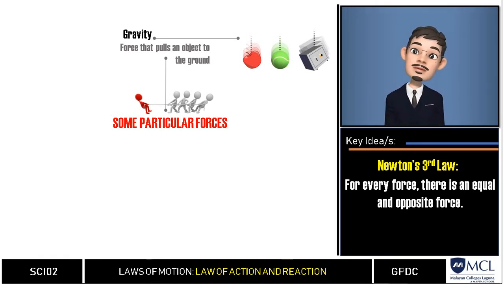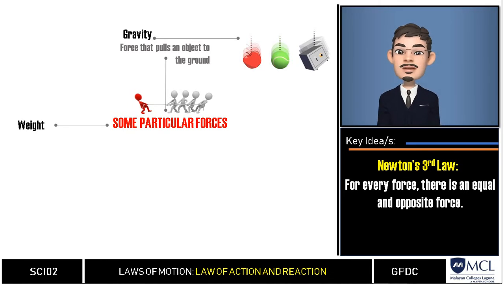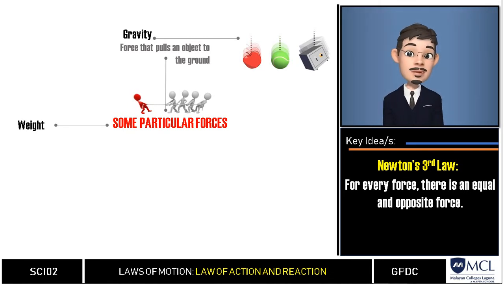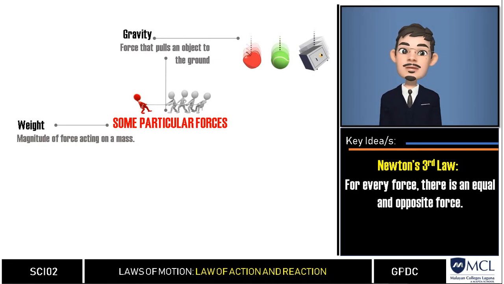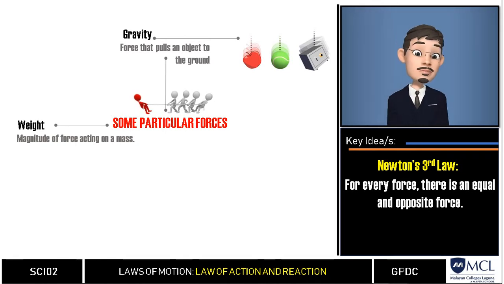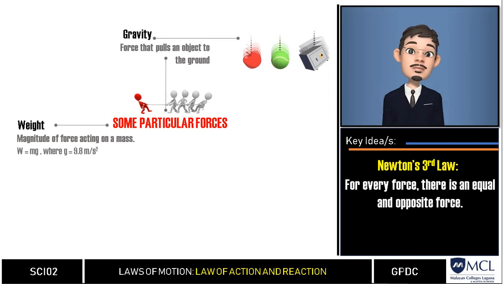The next type of force is weight. A common misconception about weight is that it is synonymous with mass. Mass is the amount of matter present in a body, and weight is the magnitude of the force acting on that mass. That's why we can compute weight in newtons, because it is a force, by multiplying mass and the constant acceleration due to gravity, which is 9.8 meters per second squared.